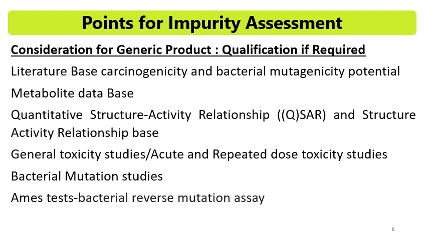You have to provide the specific literature which gives a clear understanding about the impurities and their safety. Literature based carcinogenicity and bacterial mutagenicity potential can be determined. Some of the time the carcinogenicity and mutagenicity data is to be given for qualification. At that time these mutagenicity studies are performed to qualify the impurity.